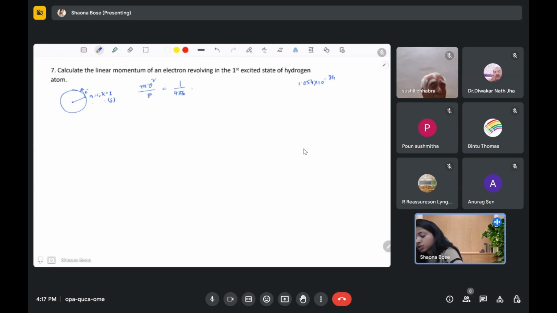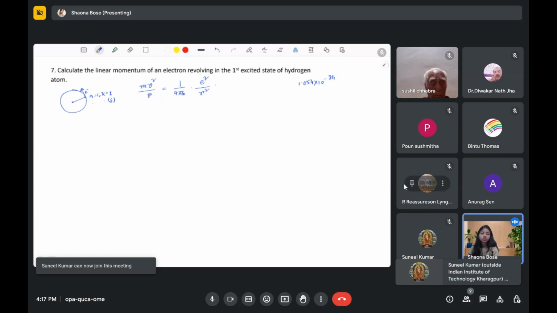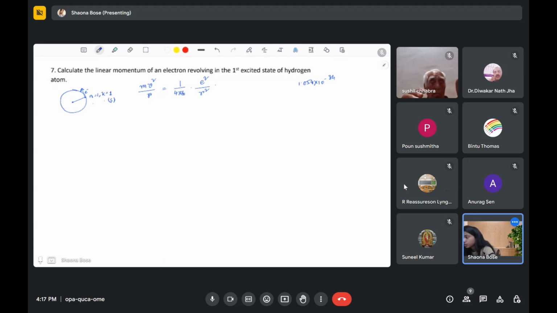The centripetal force is due to the revolution of the electron around the nucleus, and the other one is just the electric field of the nucleus, the force which the electron faces due to the electric field of the nucleus.